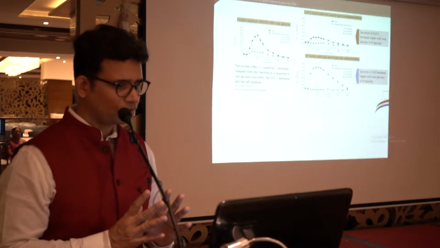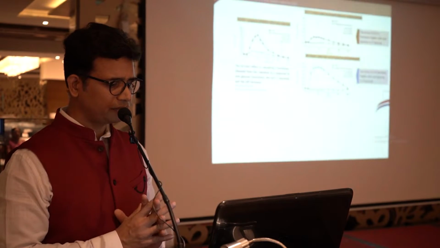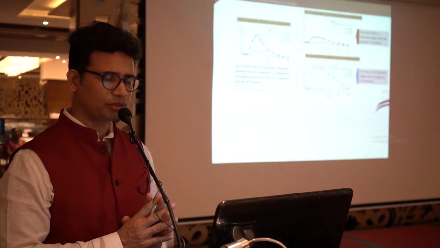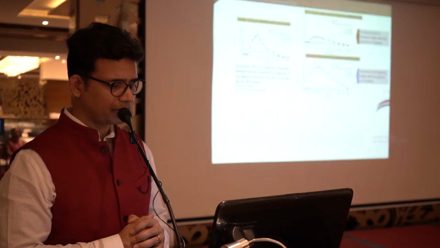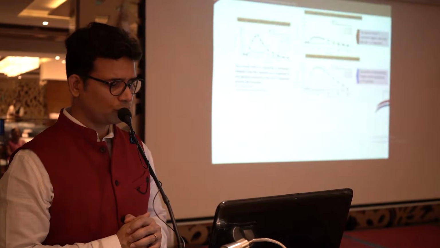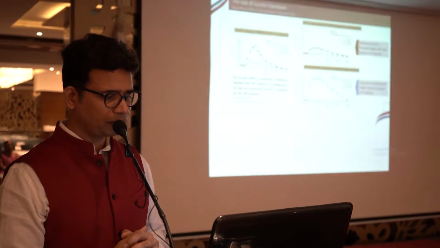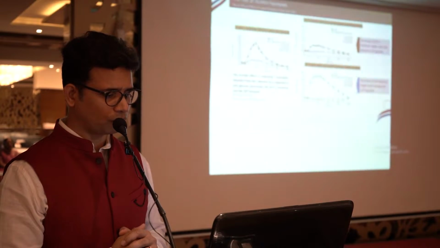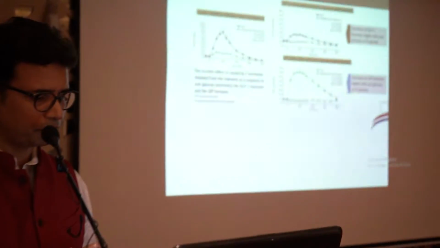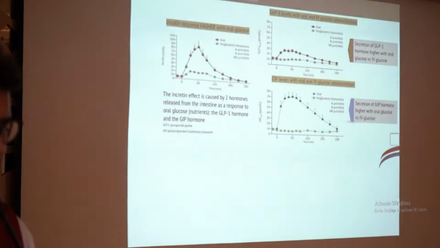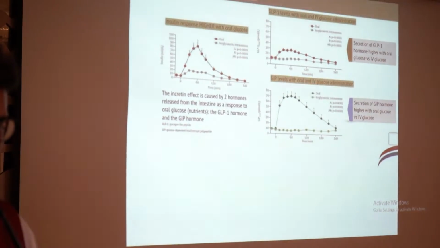So here comes the role of incretin hormones. The incretin effect is caused basically by two hormones released from the intestine as a response to oral glucose, the GLP-1 hormone and the GIP hormone. GLP-1 is glucagon-like peptide, GIP is glucose-dependent insulinotropic polypeptide.